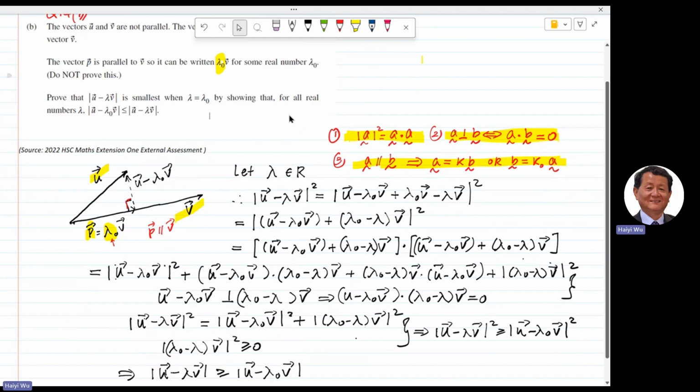So you need to prove that if I put a variable lambda, the result is always greater than with lambda 0. So that lambda 0 must be your smallest. So that's the key I'm going to prove. All right, how do we do that? Well, let's solve that.